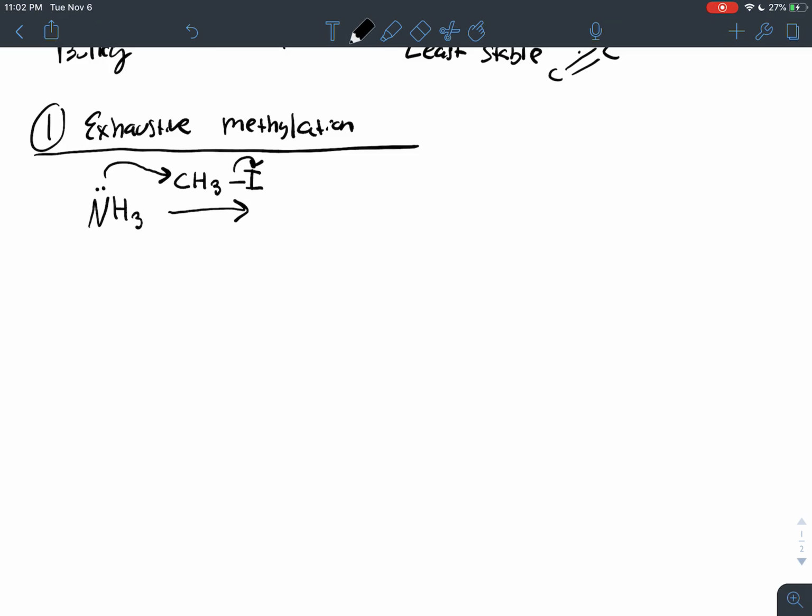There it is, and it kicks the I out. Now, this is sort of acidic, so another NH3 in solution is going to come in and deprotonate. So here we have NH4 plus, and then the methylamine.